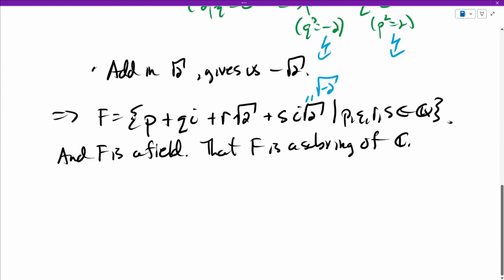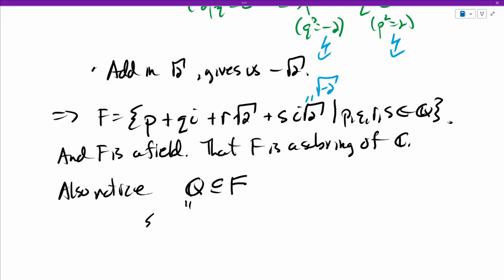Let me notice one last thing before this introductory example is over. Also notice that Q is naturally a subset of F, where you look at the terms that have p and no i's and no root 2's and no i root 2's.